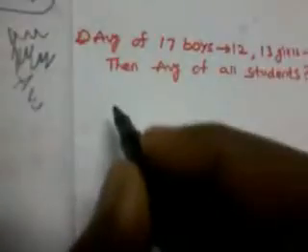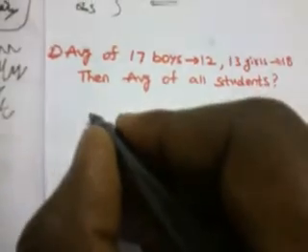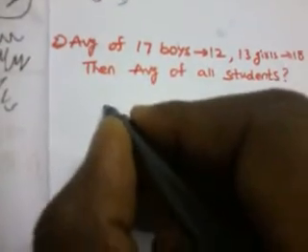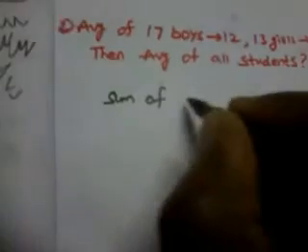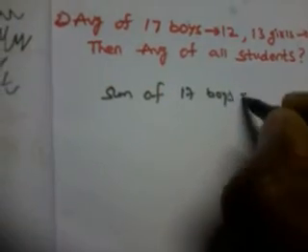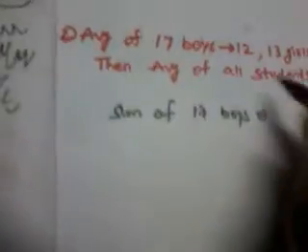Let us do the problem. First, as I already said, we convert into the sum so we get the answer easily. Sum of 17 boys is average into number of observations. The average is 12, and the number of observations is 17. 12 times 17 gives 204.